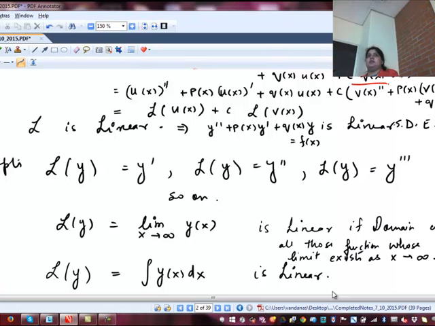But if you understand this class of differential equations is linear, then you go back and understand the properties of linear operators. Now in the properties of linear operators you figure out something and you say, oh, can my differential equation also have this? Yes, it will have that. So this is the reason why we learn abstract concepts.